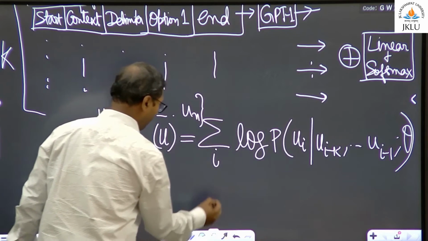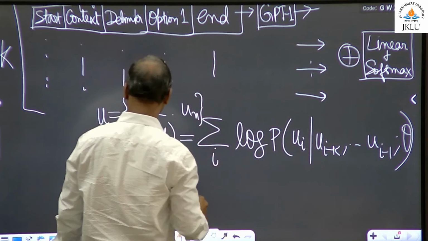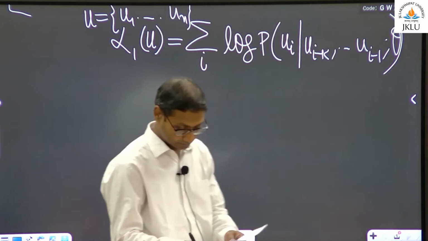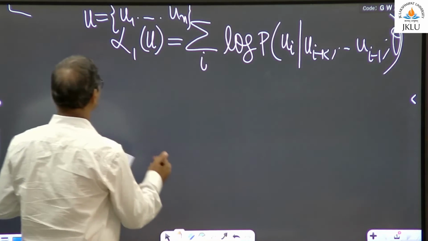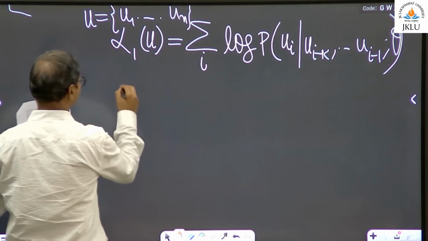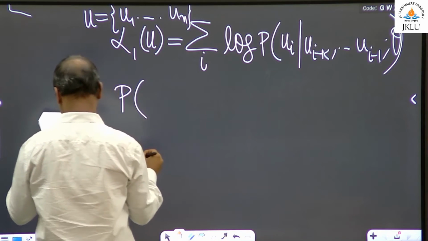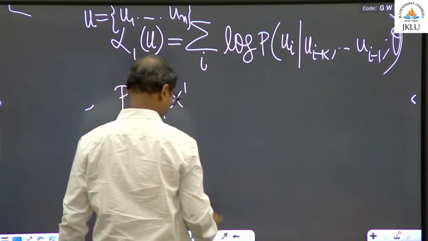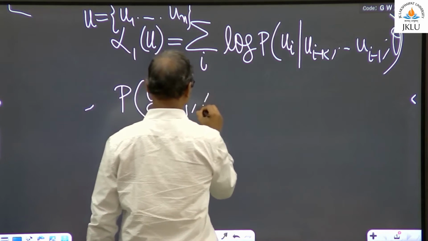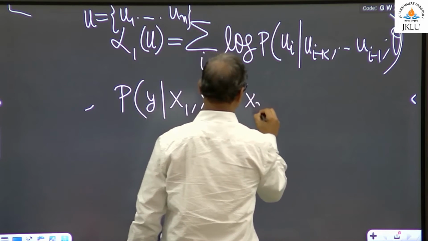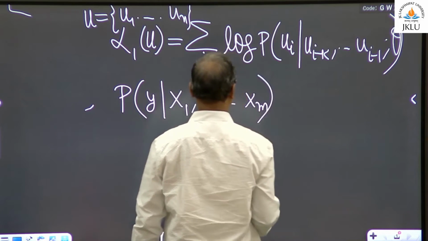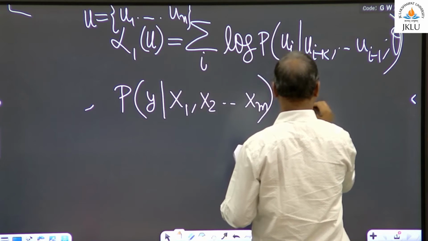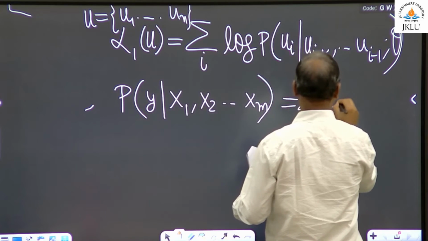Now how will the loss for these guys look like? What are we doing in these pre-training things? We are computing the probability of this, which is given by softmax.